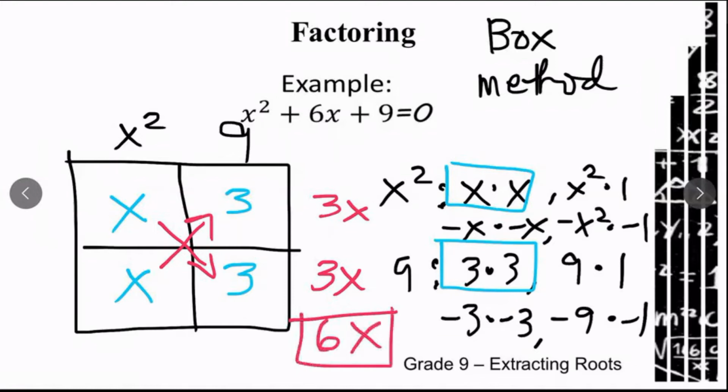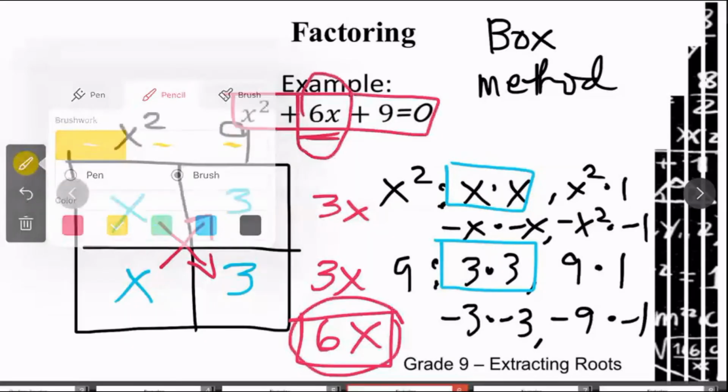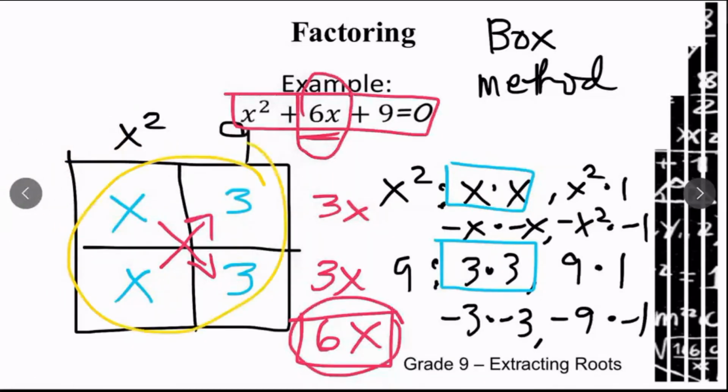So this sum will verify if our factors are correct. So paano natin i-verify? In our given equation, we will just check the middle term. Sino po yung middle term natin? 6x. Then anong sagot natin? 6x. Therefore, our factors, ito mga nakasulat dito, are correct.